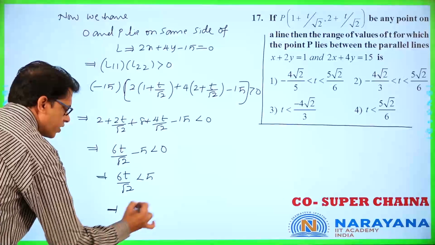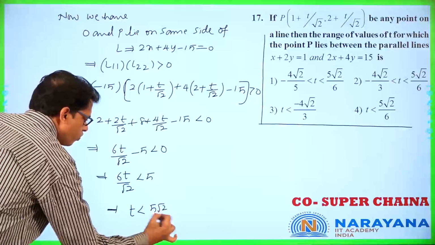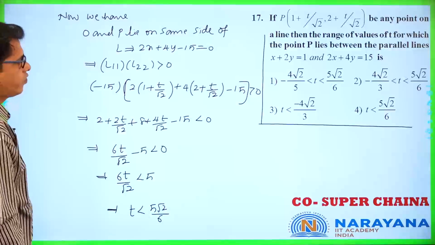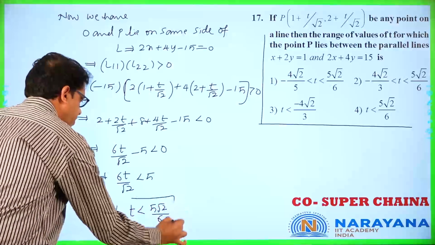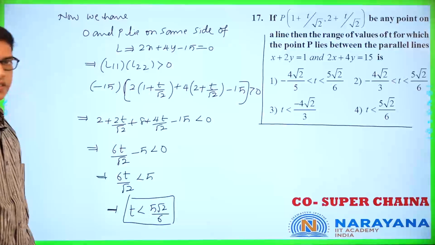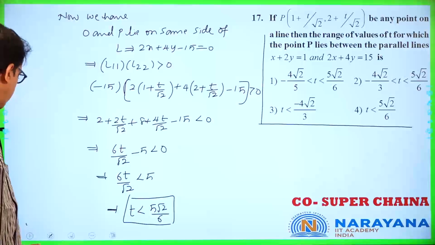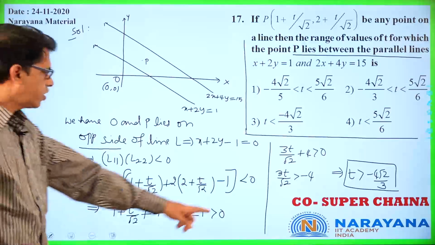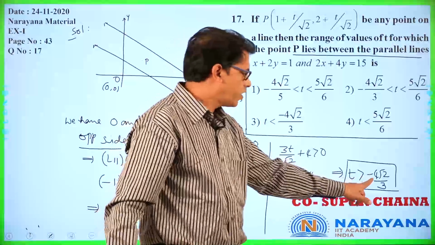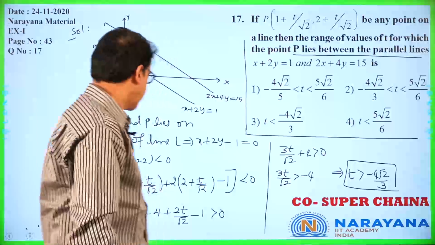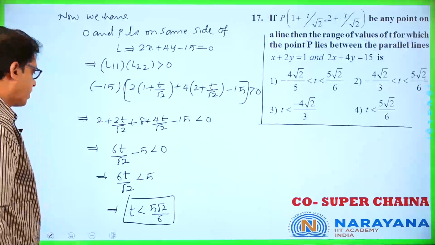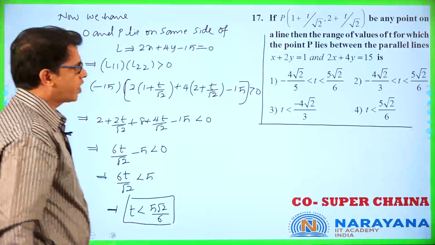So t value less than 5 root 2 upon 6. From the first case we got t value more than this one, and in the second case t value less than this one. So what is the final answer?